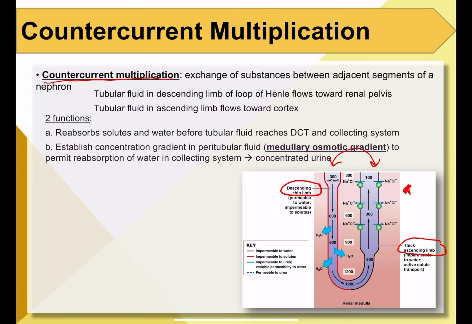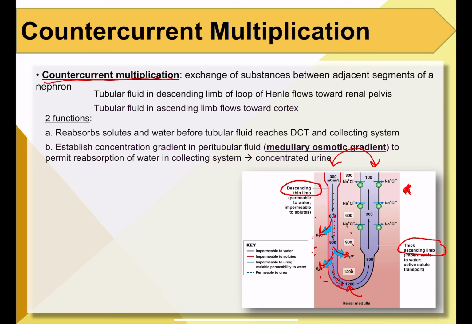What happens is you have reabsorption of water from your descending thin limb, a lot of water going into the peritubular space. So as water is being reabsorbed, as your urine is moving further down into the renal medulla, it gets more and more concentrated.